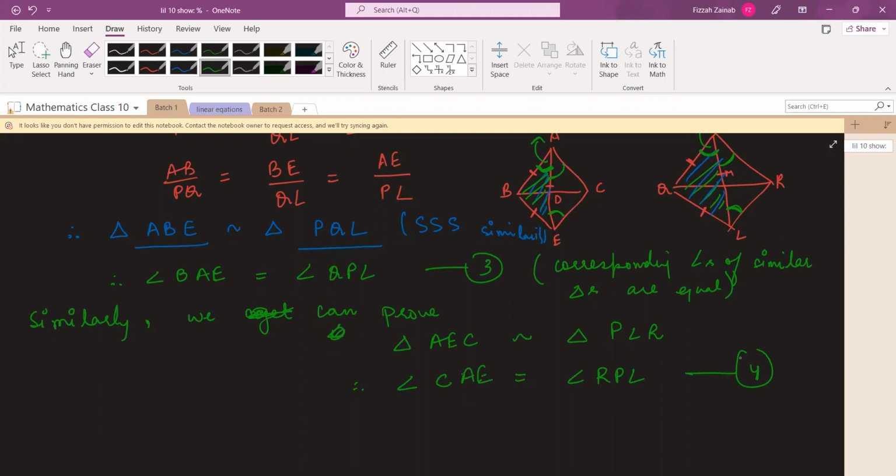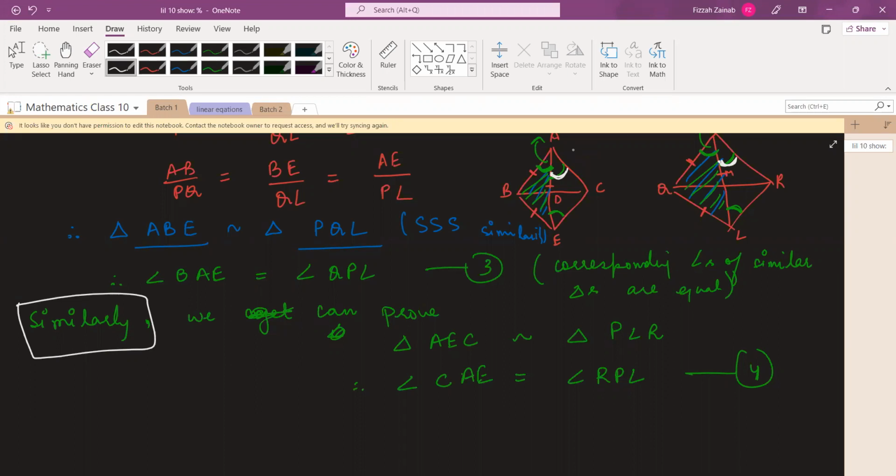Is this clear to everyone? Yes, ma'am. So if I show the right triangle, I'll get this angle equal to this angle, so no need to do it. We can simply write similarly. Because the triangles are similar, all the corresponding angles are equal. But I'm interested in only one because for the similarity criterion, if I use SAS, only one angle is required. So I'm taking only one angle, right?